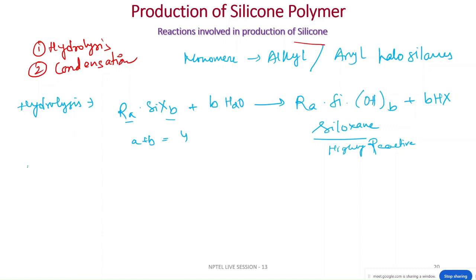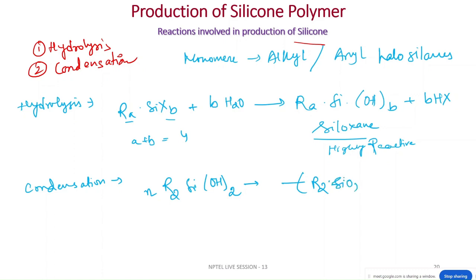It is further processed to the condensation, the next part, where this siloxane undergoes polymerization and forms the silicone.